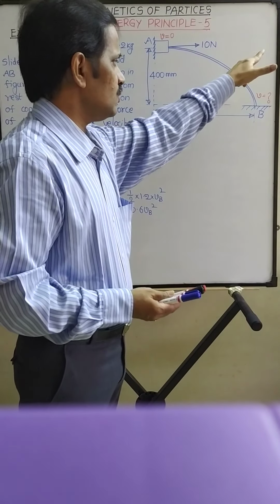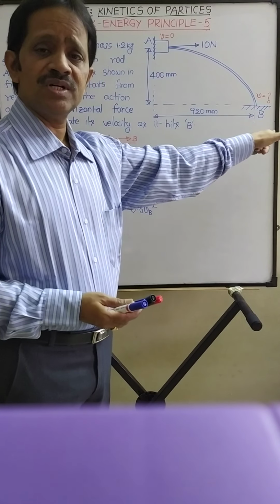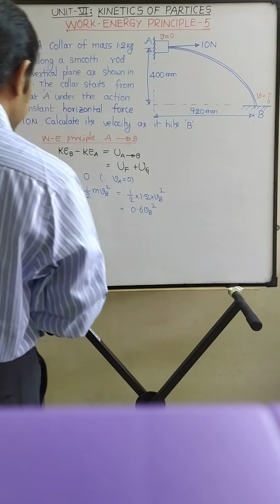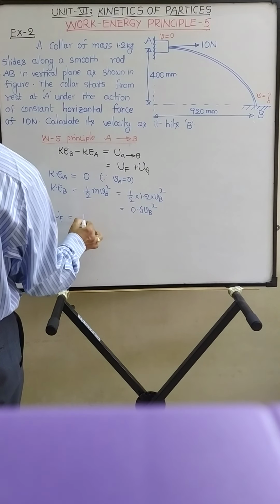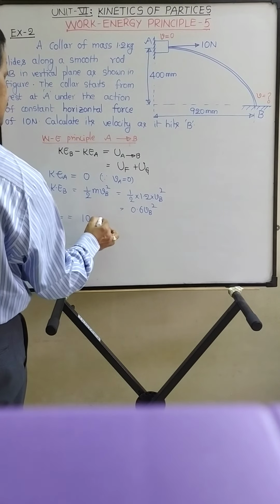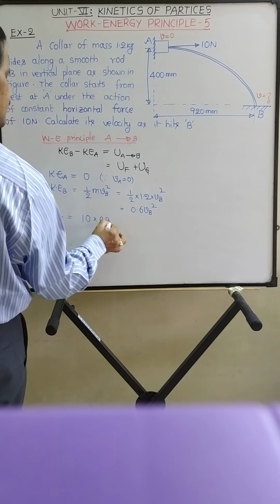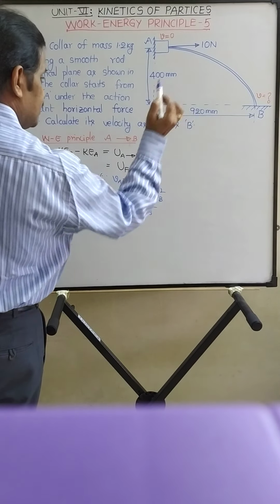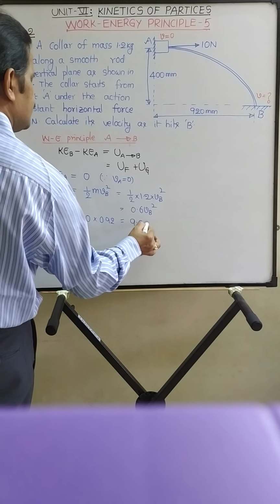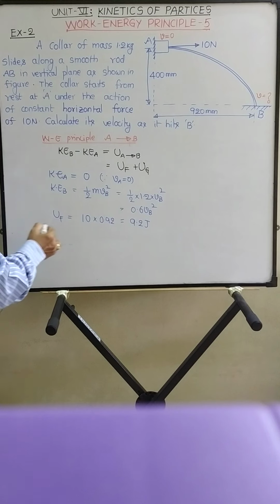Here force is acting towards right, displacement is also towards right. So the work done by the applied force is positive. So the magnitude of applied force in horizontal direction, it is 10 into the displacement is 0.92 meters, 920 millimeters. So it is 9.2 joules.